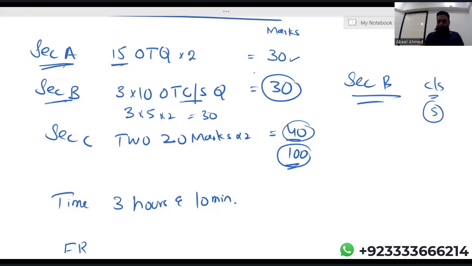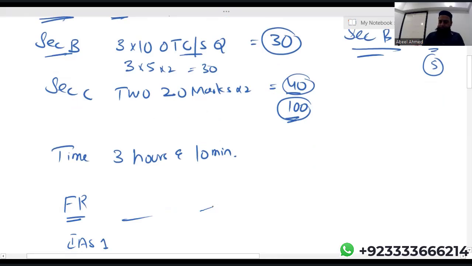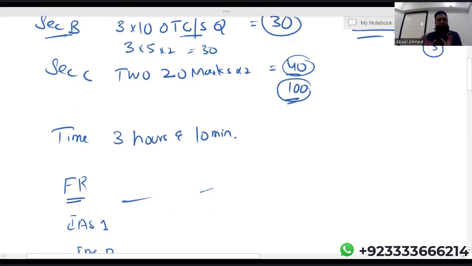And the time allowed is 3 hours and 10 minutes. Now, before the discussion of the syllabus of FR, let me quickly highlight the main areas or main causes of failure.